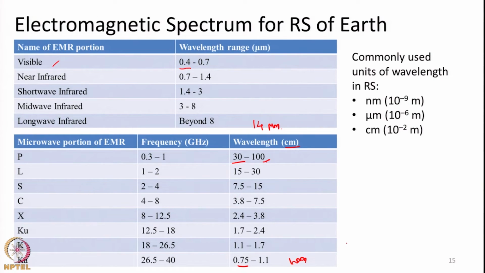Before proceeding, just to give you an idea of the units of wavelength that we will use. Conventionally, the units of wavelength in remote sensing parlance will not be meters. The normal standard unit of distance is the meter, and wavelength is nothing but a distance, but for our convenience we will not use meters as the unit in this class.